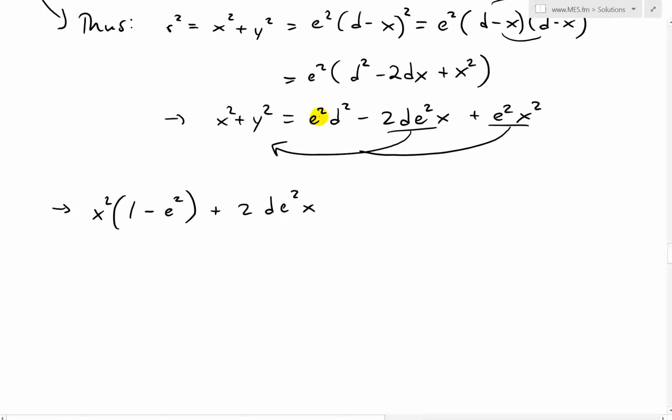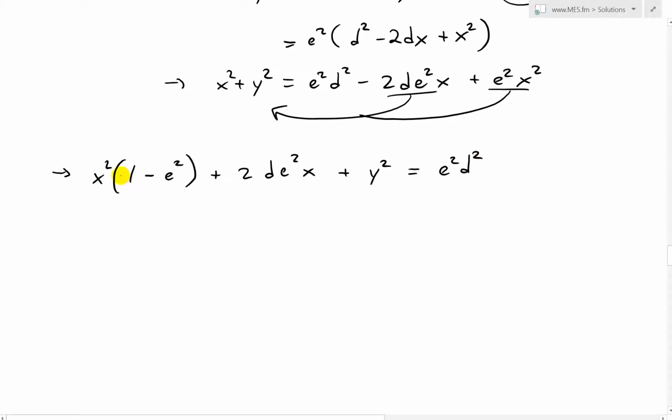And then we have this y squared equals e squared d squared. Now I'm going to get rid of the coefficient in front of the x squared, so there's 1 minus e squared. I'm going to factor that out as well, so that we set up for completing the square.